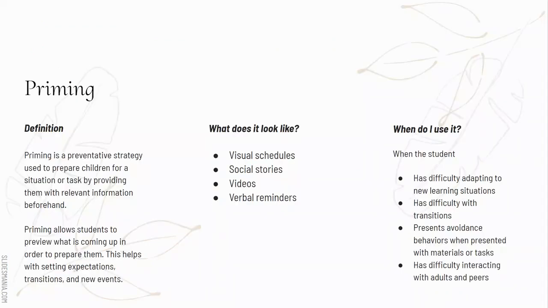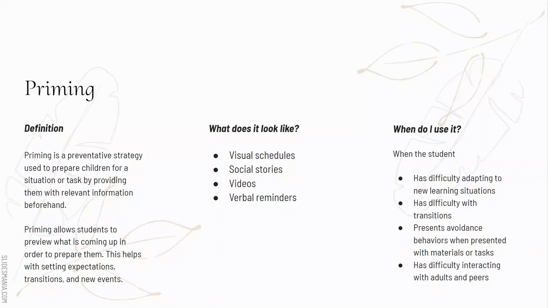Priming is a preventative strategy used to prepare children for a situation or task by providing them with relevant information beforehand. Priming allows students to preview what is coming up in order to prepare them, and this helps them with setting expectations, transitions, and new events.